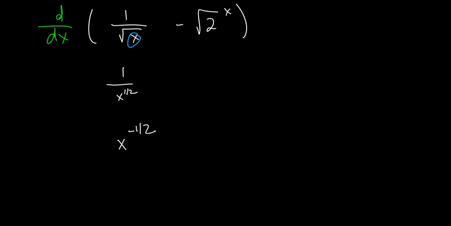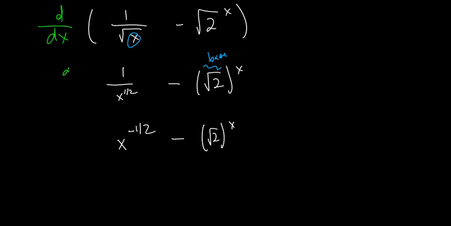Okay? And now here we have square root of 2 to the power x. Well, that just looks complicated, but really the base is just square root of 2, and the x is still outside. So square root of 2 is the base, okay? And x, the variable, is in the exponent, so we know we're going to use the formula for exponential functions there. Let's just rewrite it so everything is in the same line. So we have square root of 2 to the power x.